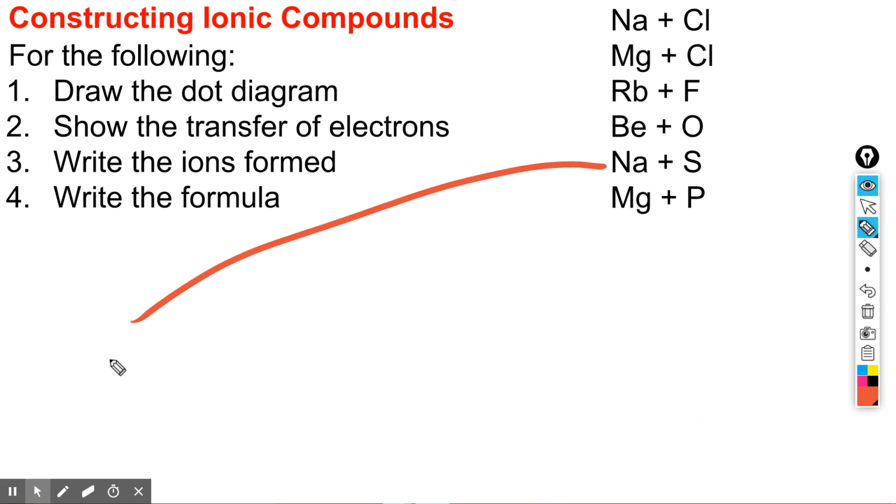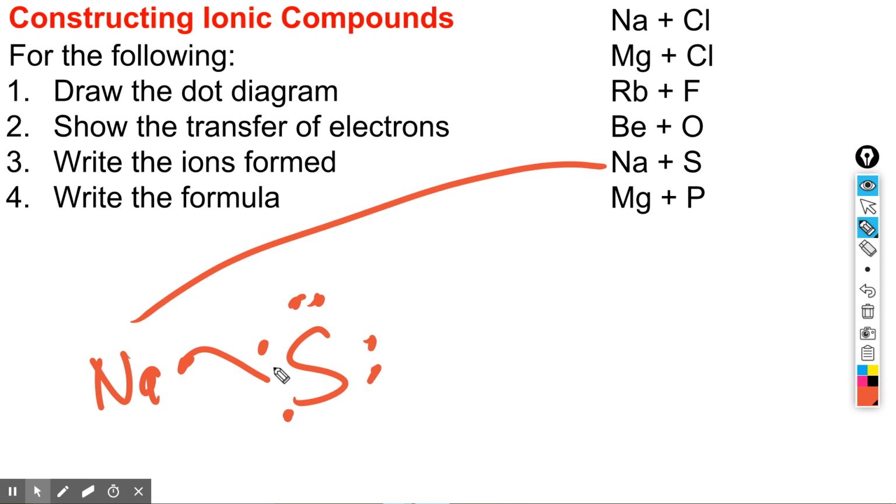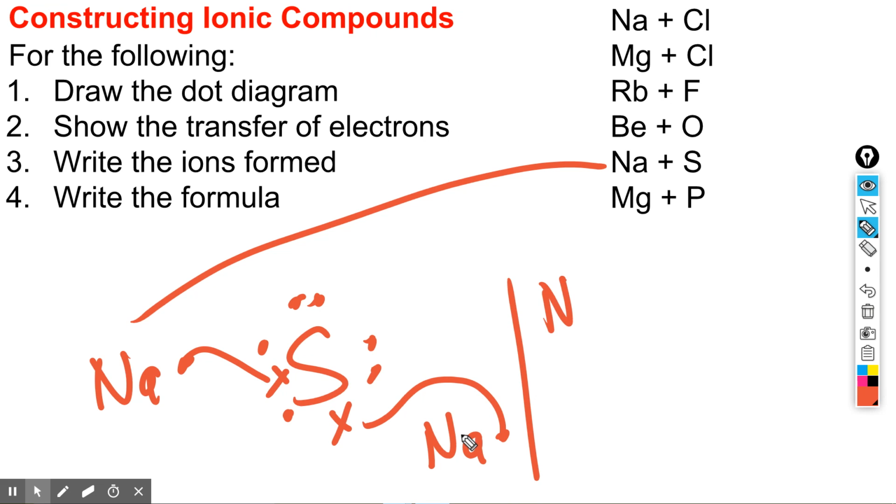Next one, Na has 1, sulfur has 6. Sodium is 1 away here, but sulfur still needs 1, so you do another Na. Ions formed. Your individual Na ions, you have more than 1 Na ion, but the Na ions involved in this picture all gave away 1.